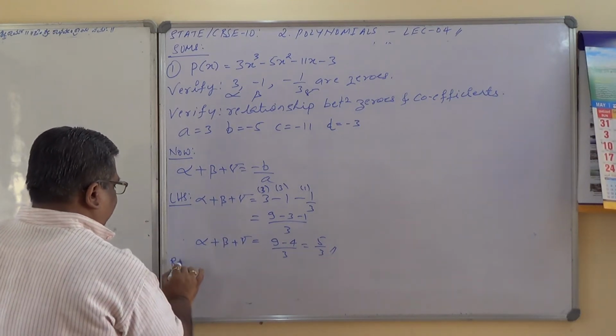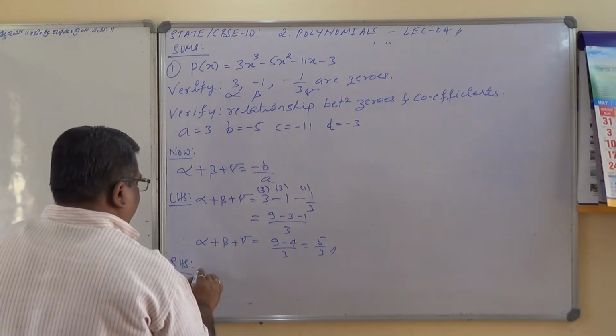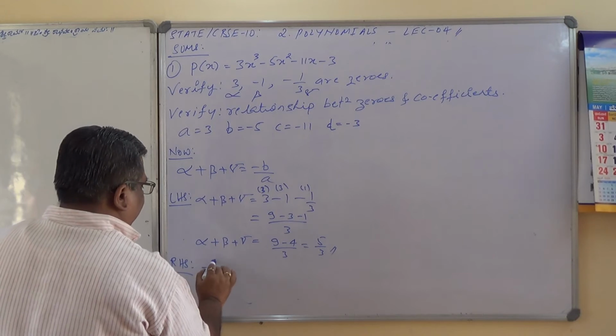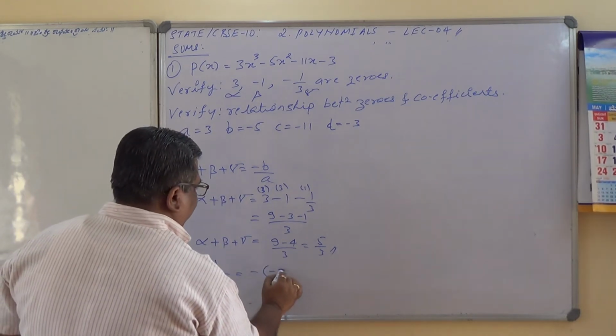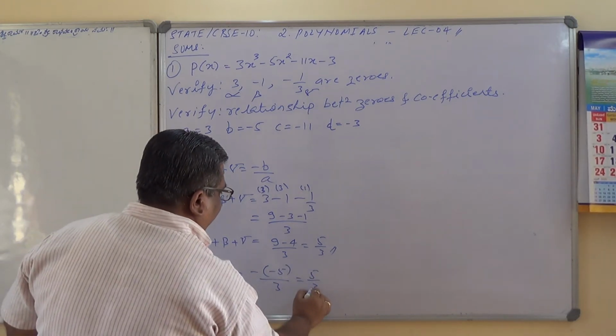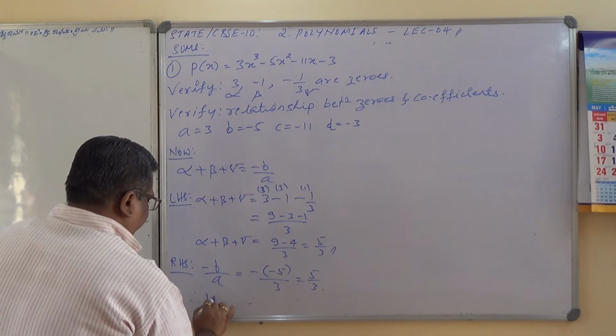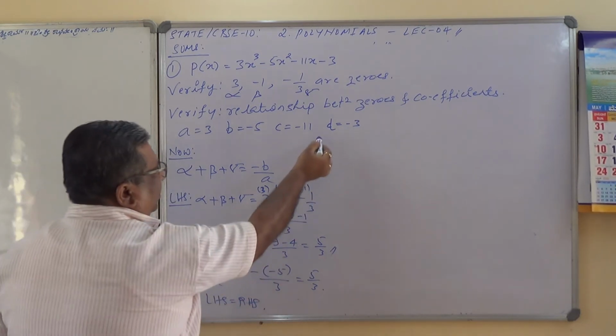Now you take RHS. I don't know whether we'll get the same or not. RHS is minus b by a, minus of minus 5 divided by 3, which is 5 by 3, correct. Therefore LHS equals RHS. So one part is done.